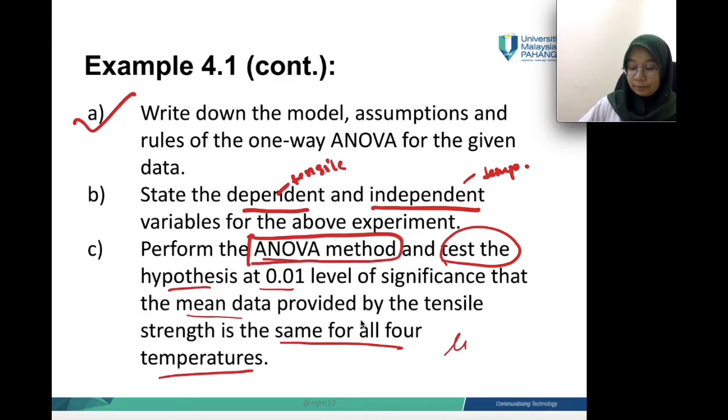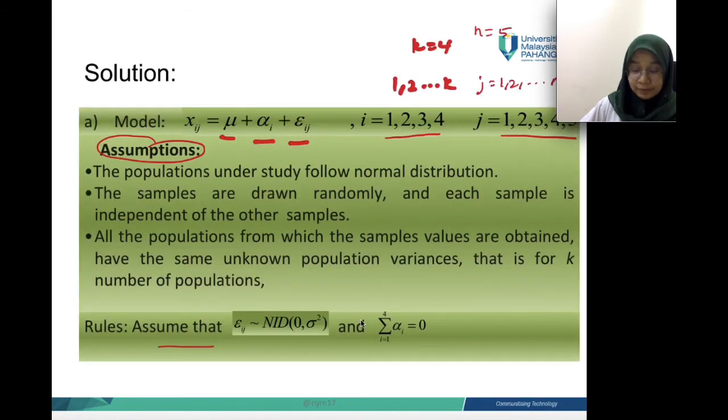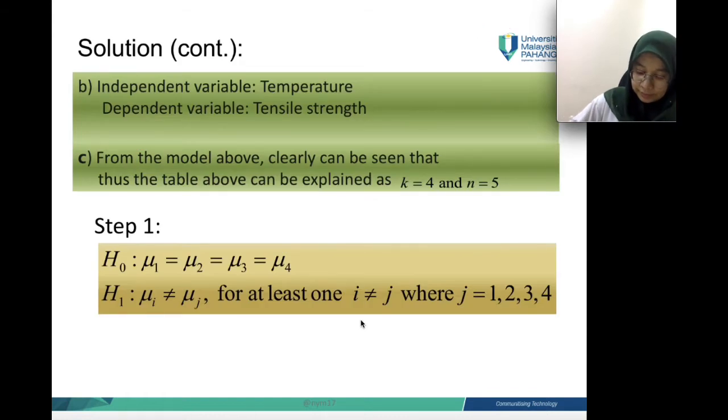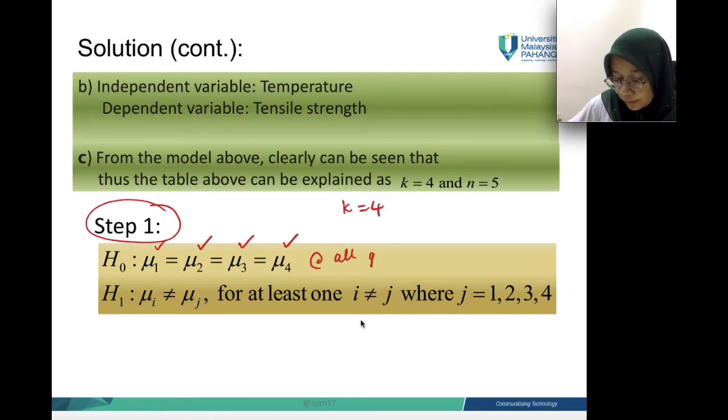So step number 1. What is step number 1? Your hypothesis. H null and H1. How many treatments do we have? 4. So that's why mu1 equals mu2 equals mu3 equals mu4. Or you can write down that all population means are equal or similar.